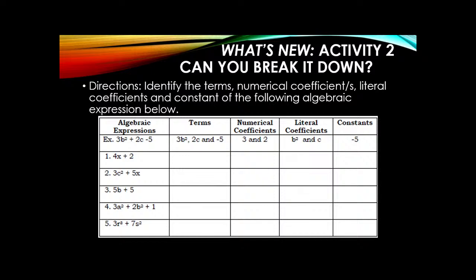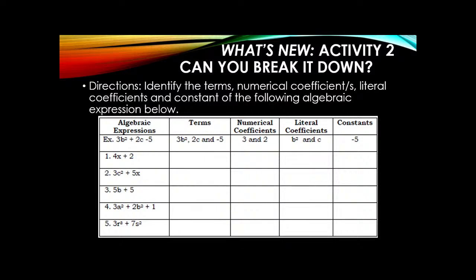Then, ang literal coefficient is b squared and c. Ayaw pud kalimti ang exponent. Then, ang constant is negative 5. Ayaw gud kalimti ang negative, kay ang negative 5 ug positive 5, dili gud pareho.